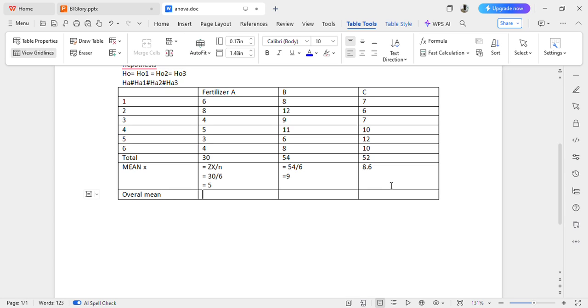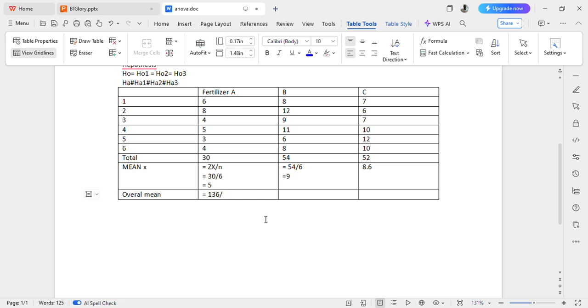It will be 30 plus 54 plus 52. That gives you 136.